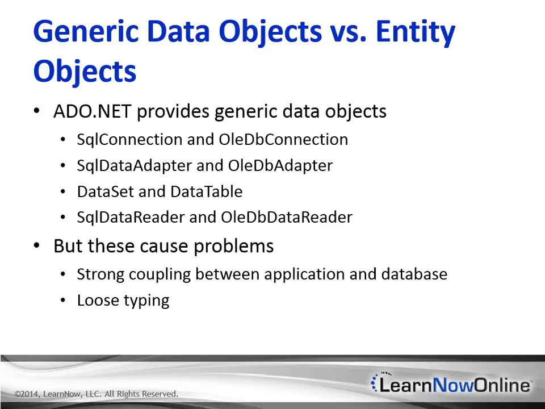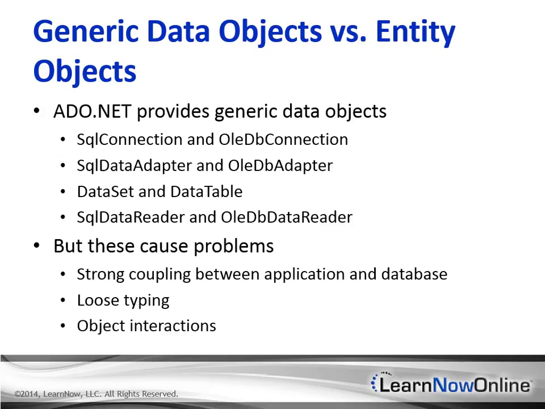You often have to perform an expensive conversion to a specific strong data type before using it, another way that the application is strongly coupled to the database. Now, data readers have type-specific methods to retrieve specific data types from a field, which causes strong coupling because the code needs to know the data type of each field.